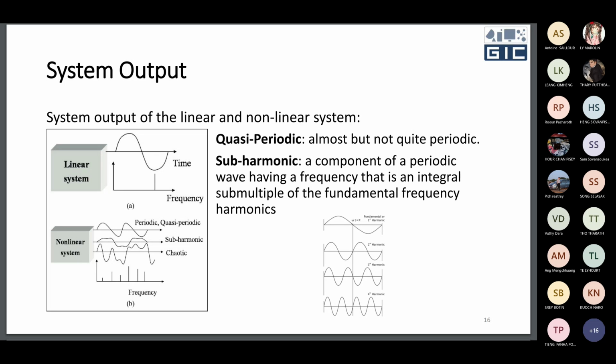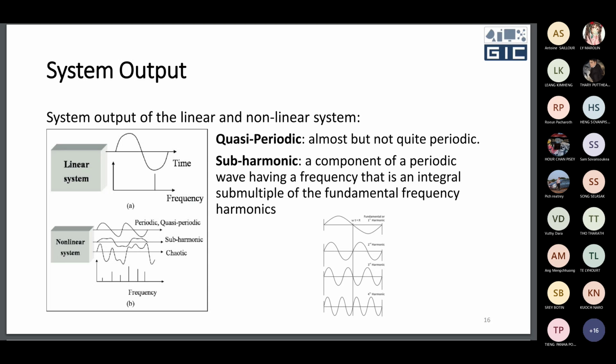In this case, the output of a nonlinear system can produce different frequency output. I convert everything to an analog signal, so the output can be a frequency. So it can be periodic. If the pattern is exactly periodic, you can predict it, it is linear.